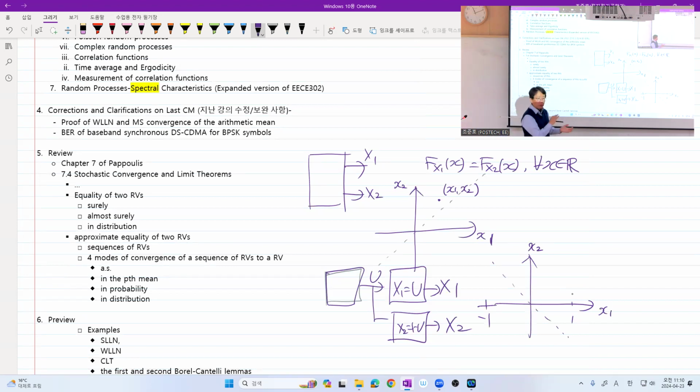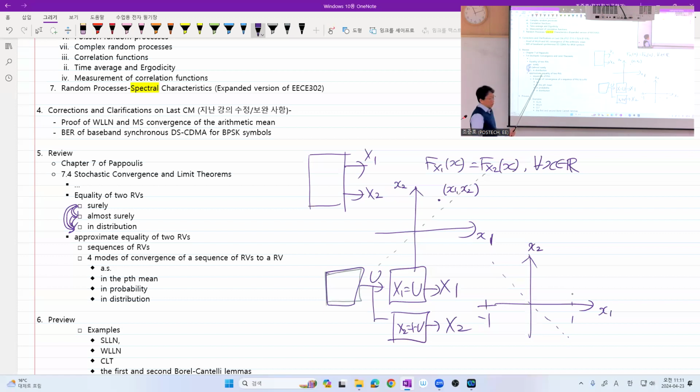And they are not equal because x is never equal to y except at the origin. And that probability is what? 0, right? So be careful. The equal in distribution of two random variables does not mean this one. So sure implies almost sure, and almost sure implies in distribution, but the converse is not true. Got it?